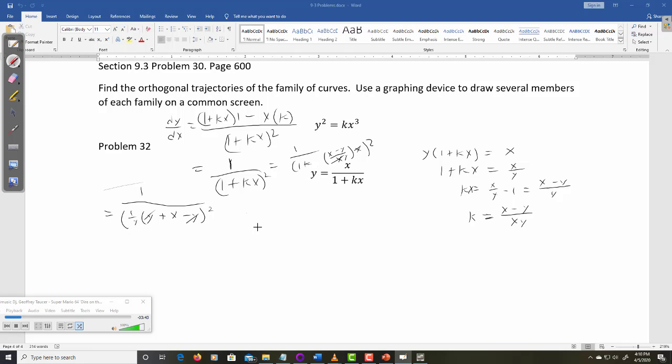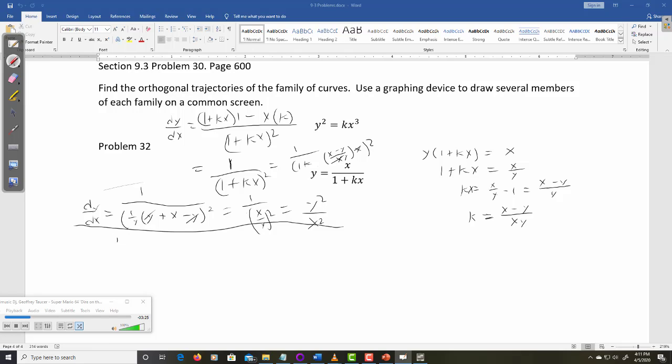So these go away, and we just have 1 over x over y squared, which is just y squared over x squared. That is so much nicer than what I got last time. Okay, so that's the derivative.